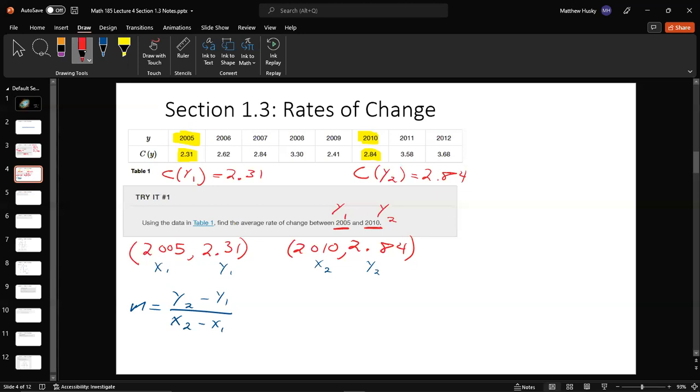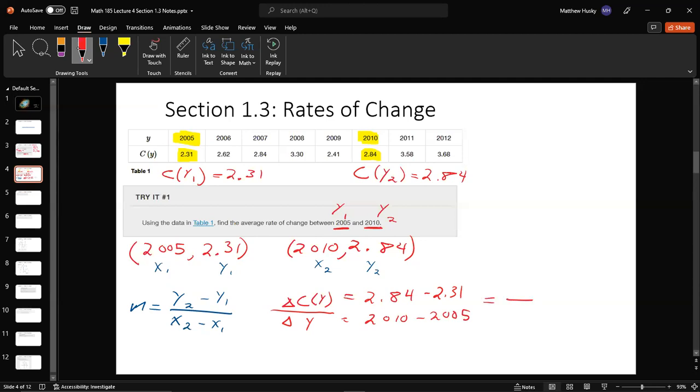And so to find the delta of C of y, because they got kind of a wacky naming system going on here, delta C of y is going to be 2.84 minus 2.31. And then we'll have delta y, which is 2010 minus 2005.